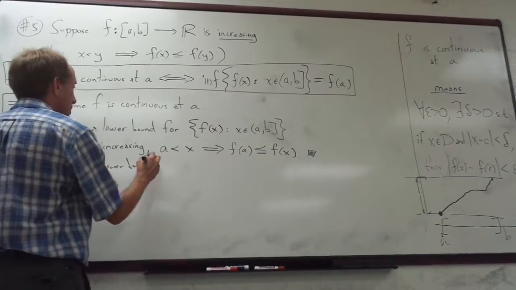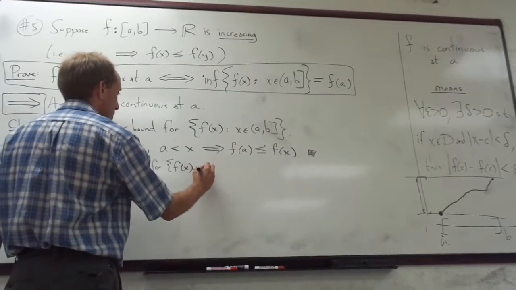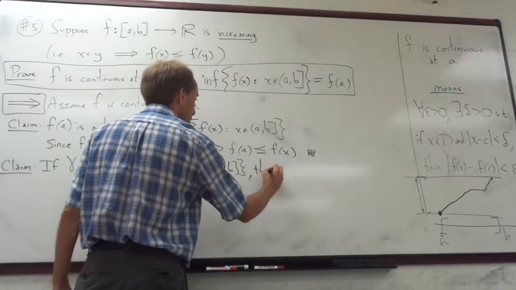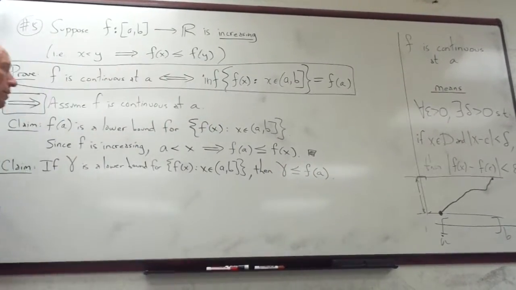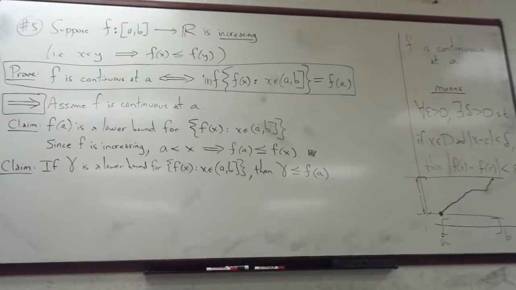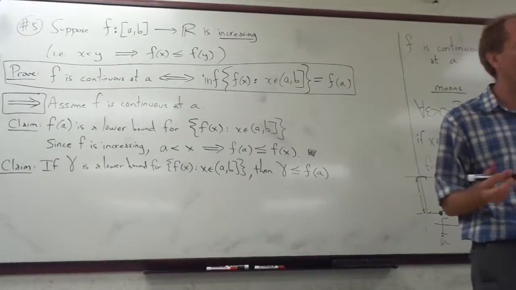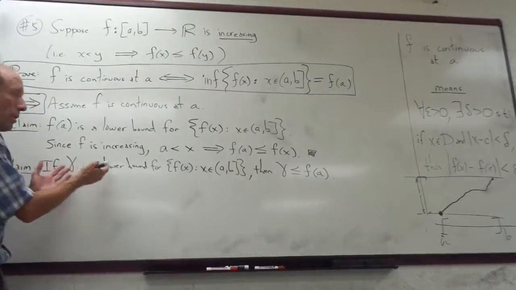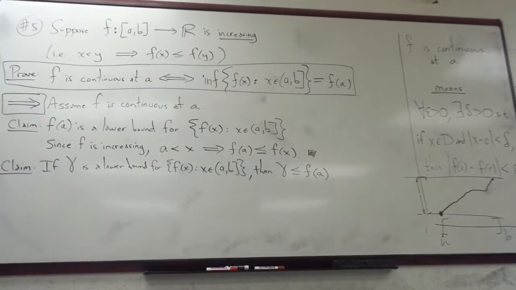So if gamma is a lower bound for the set of f of x such that x is in the half open interval from A to B, then we want to prove that gamma is less than or equal to f of A. Okay, so this part will take a little more work. So this is the two parts of proving that the infimum of a set equals a certain number. You show that it's a lower bound, and then if there's another lower bound gamma, it should be less than or equal to f of A.